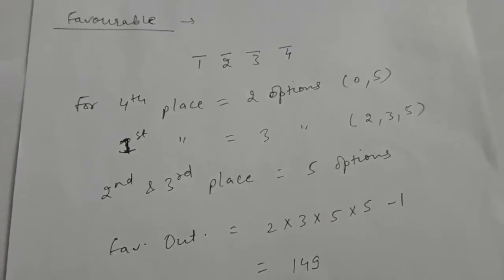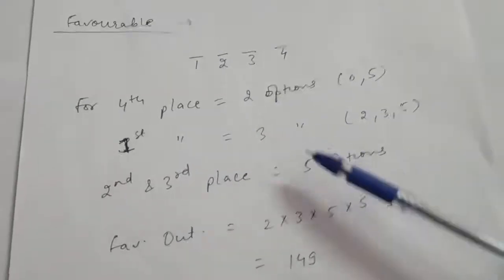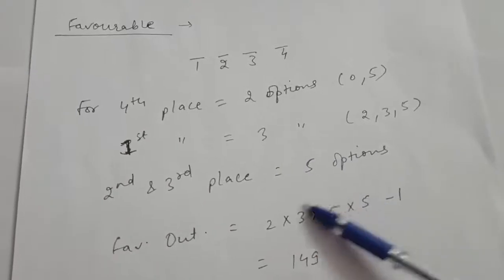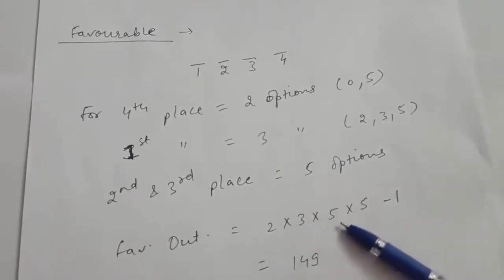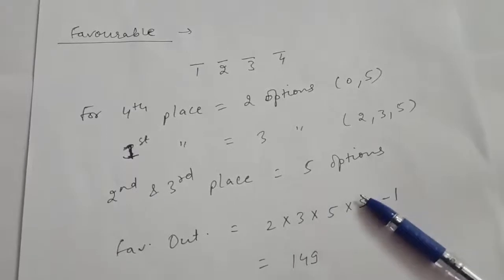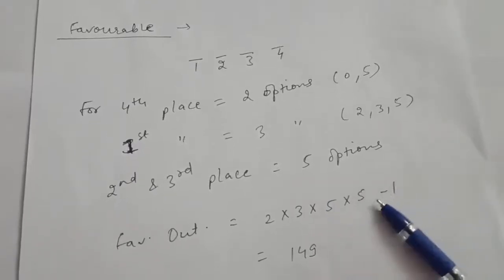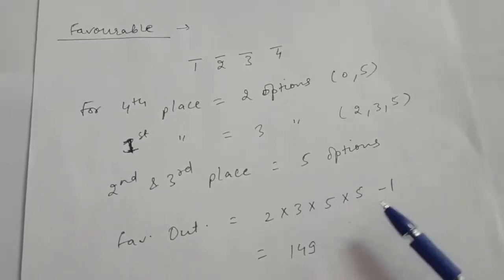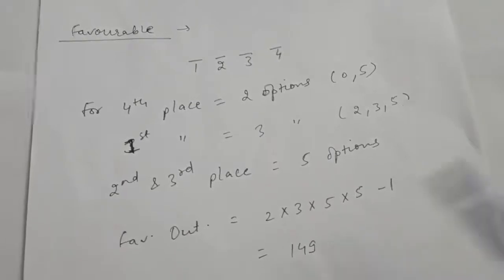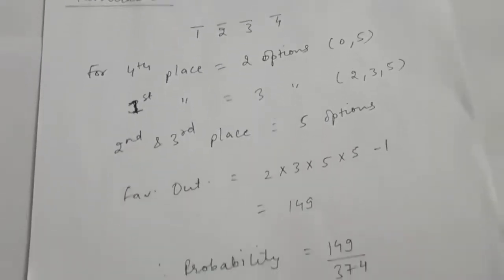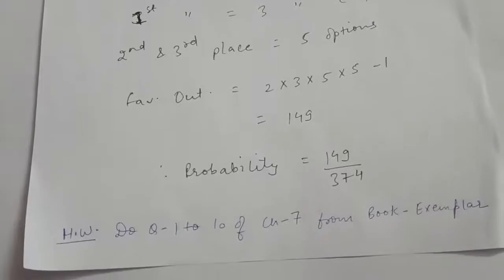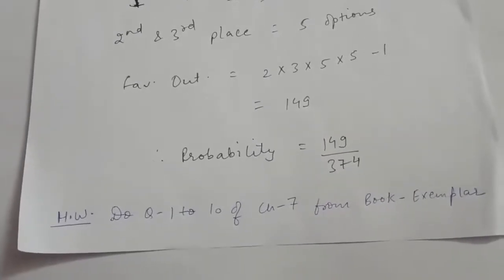So now favorable outcomes will be 2 into 3 into 5 into 5. But in these cases, you know, one case will arise which will give you the number 2000, which is not greater than 2000. So we have to subtract that case. So the favorable outcomes will be now 149. Therefore, the probability will be 149 divided by 374.